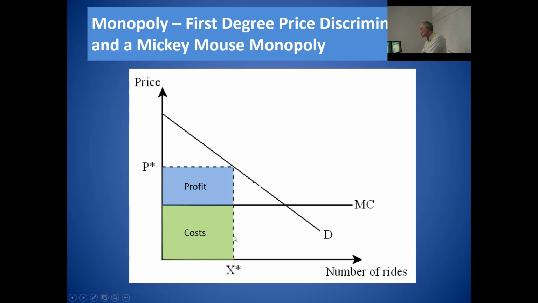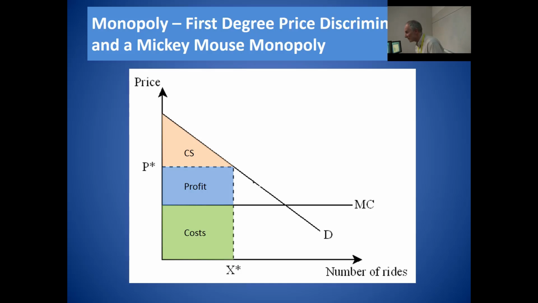For X star rides, what is the total willingness of customers to pay for that many rides? It is the total area under the demand curve. It's that total area there. So if customers are only paying P star for X star rides, they must be deriving some consumer surplus.